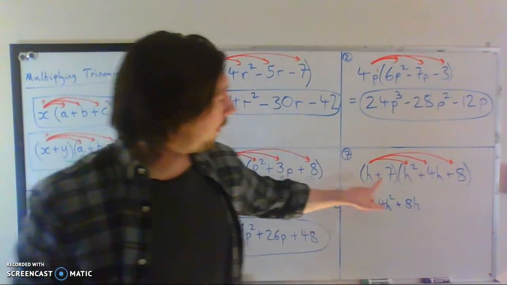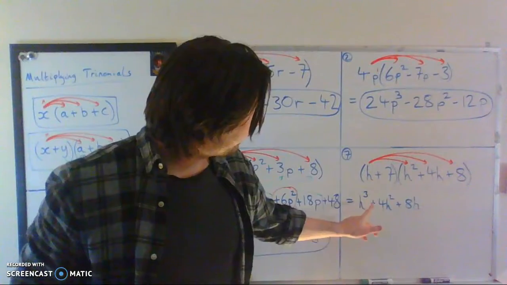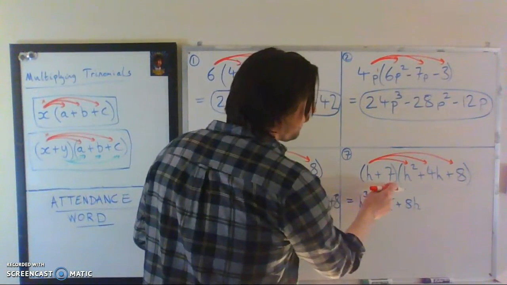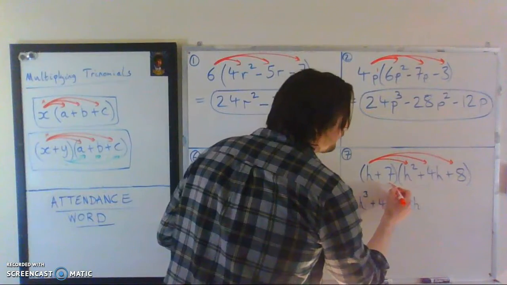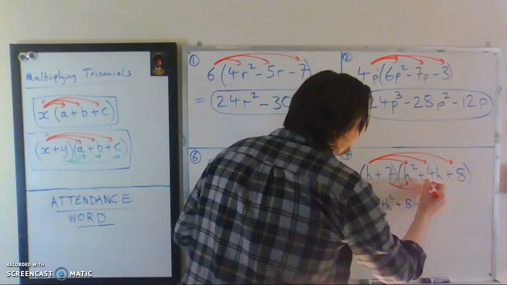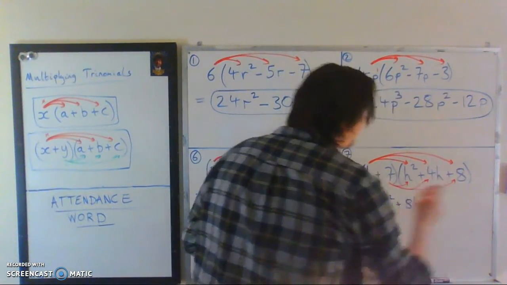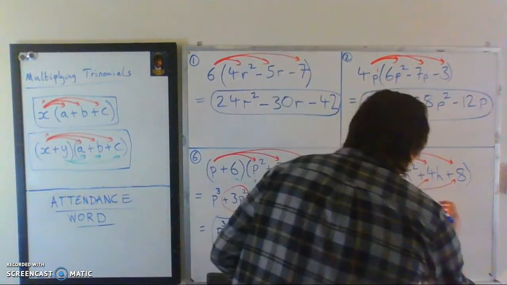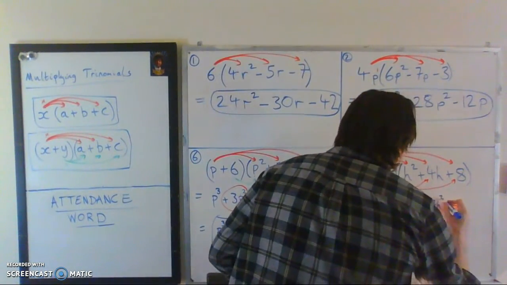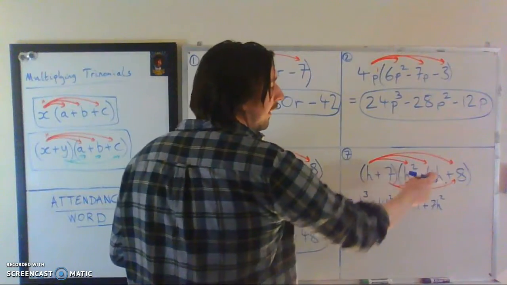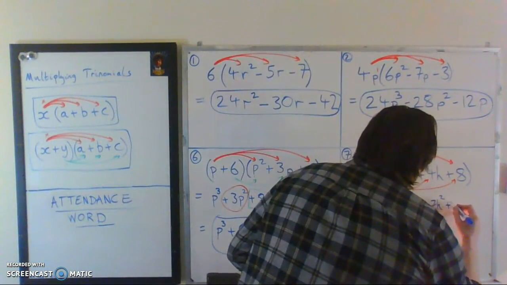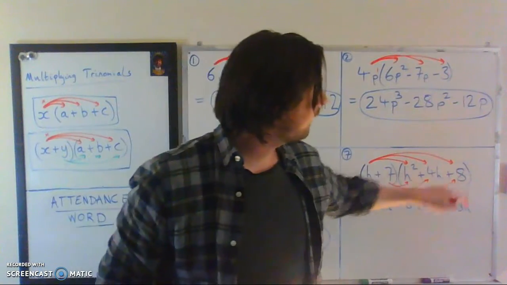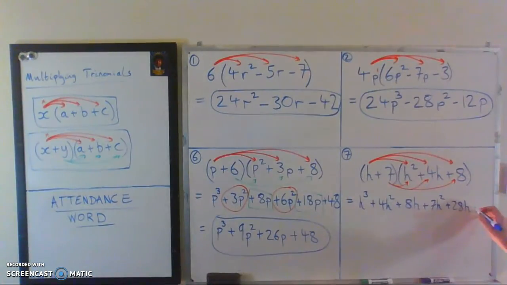And I've made it so they're all positives in the middle of these, so you'll always have a plus in between each term. And then take your second thing, which is 7, and distribute that on these three things. 7 times h squared is 7h squared. 7 times 4h is 28h. 7 times 8 is 56.